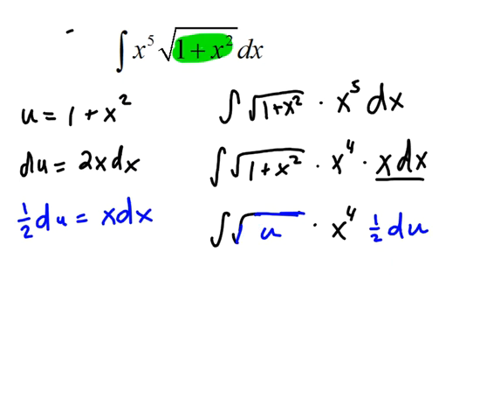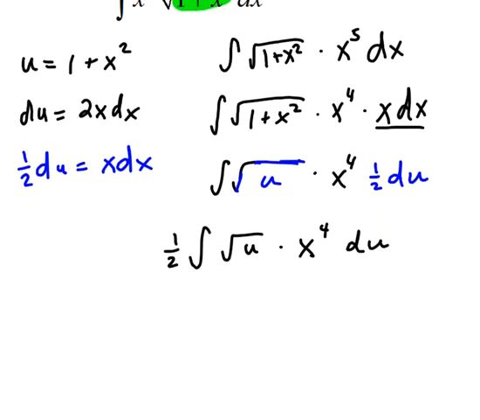But at this point, you'll say we've got the square root of u, x to the 4th, and I can pull the 1/2 on the outside because it's a constant, du. And you go, Mr. Hefke, that was great, but you still have x's in your problem.